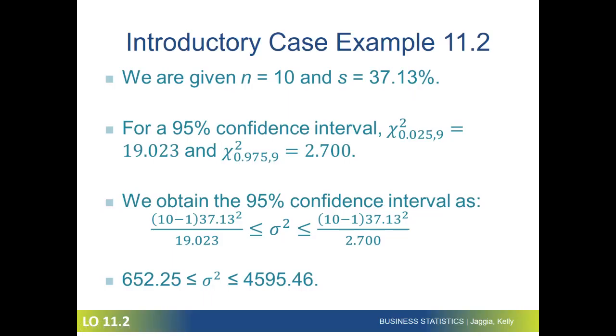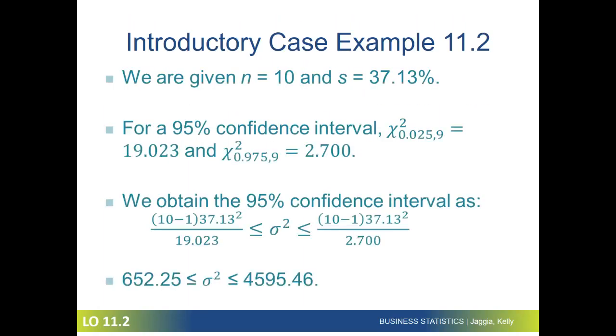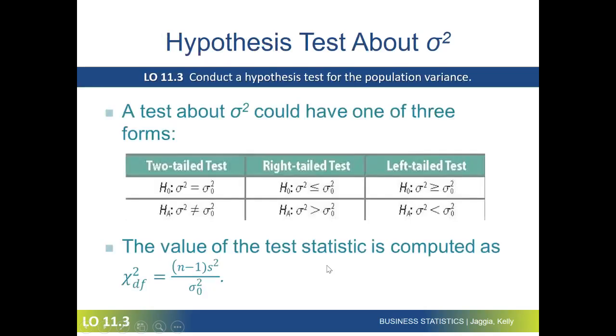It's darn hard to capture 0 in here because it would have to be 0 on the left to capture 0. We're trying to figure out where the variance is. And if I took the square root of this side and this side, boom, boom, you can get a confidence interval for the standard deviation. Just take the square root of the left, square root of this equals square root of this, and you can generate it.